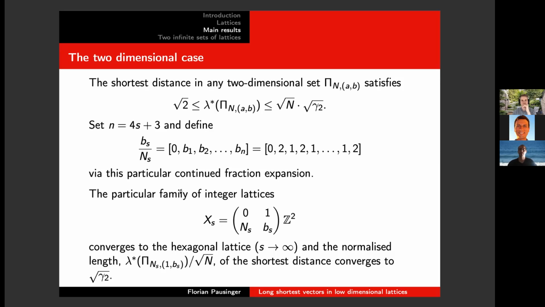Now, the downside of this approach is that it relies on continued fraction expansions, and this notion typically only exists in a meaningful way for fractions and not for pairs of fractions.